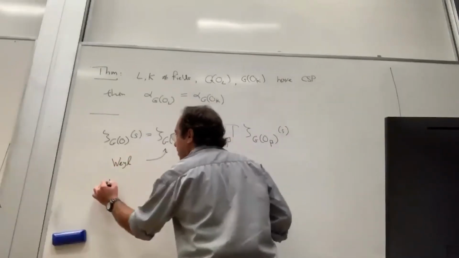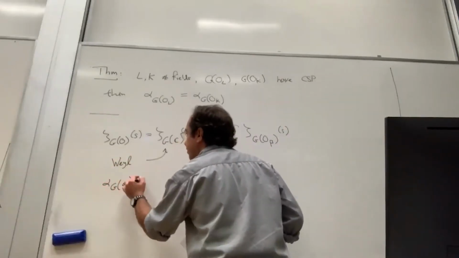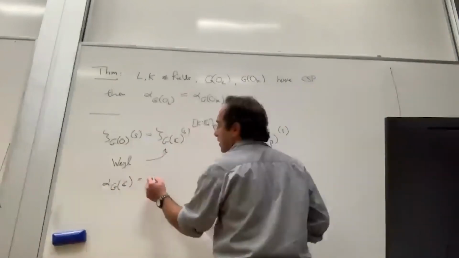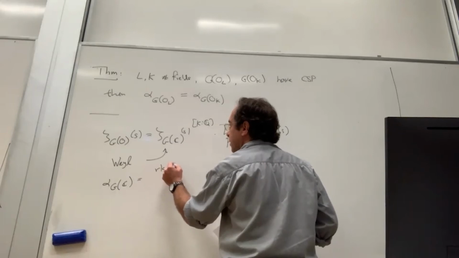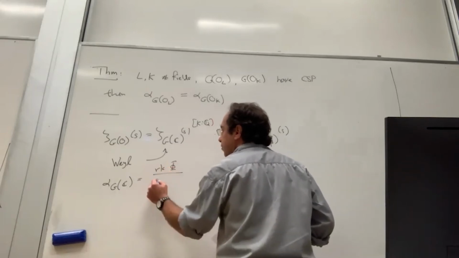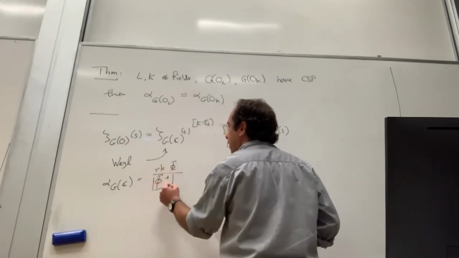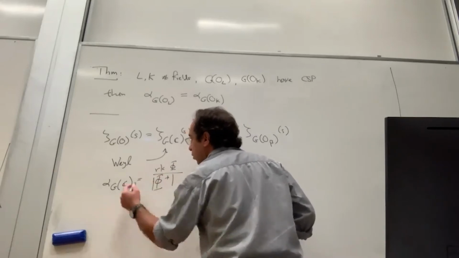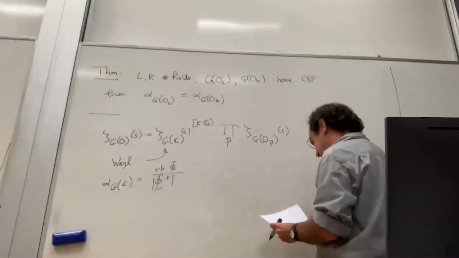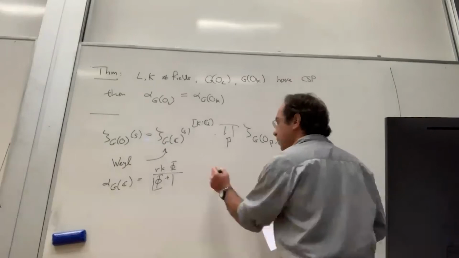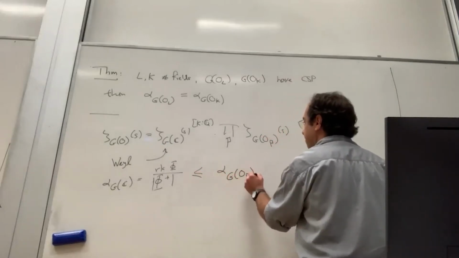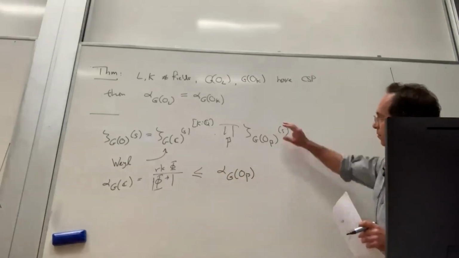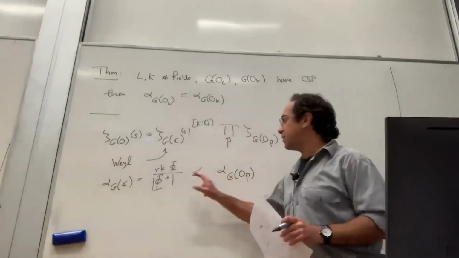And in fact, as I mentioned, the abscissa of convergence of this part here is the rank of the root system over the number of positive roots. This is by Larsen-Lubotzky. In the same paper, they prove that the abscissa of the other local factors is at least this number.